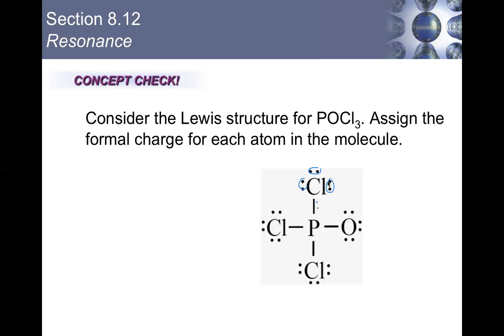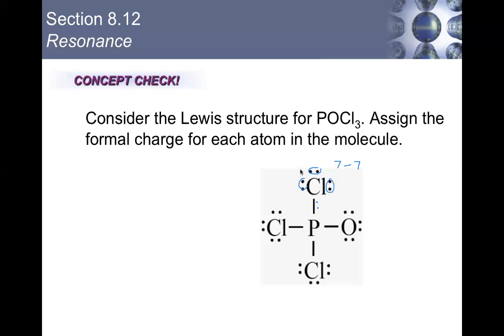So chlorine has how many valence electrons? 7. 7 minus 2, 4, 6, and half of the bonded pair, only 1 out of the bond. 7.